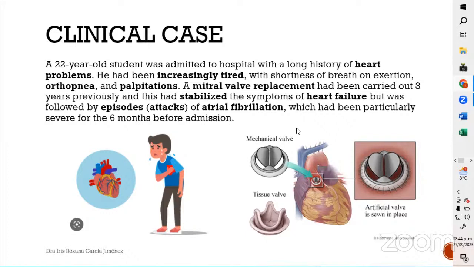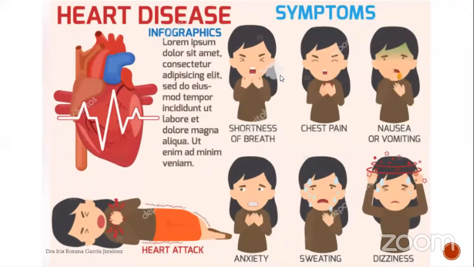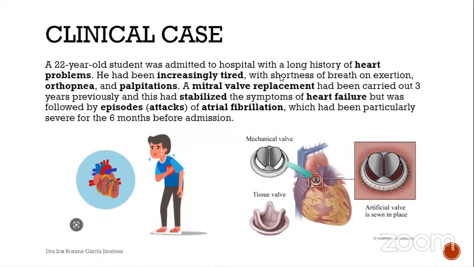Clinical case. A 22-year-old student was admitted to hospital with a long history of heart problems. He had been increasingly tired with shortness of breath on exertion, orthopnea, palpitations. It is mitral valve.